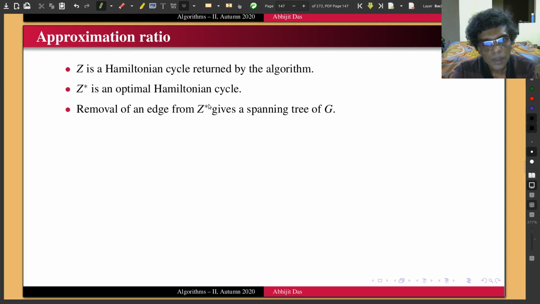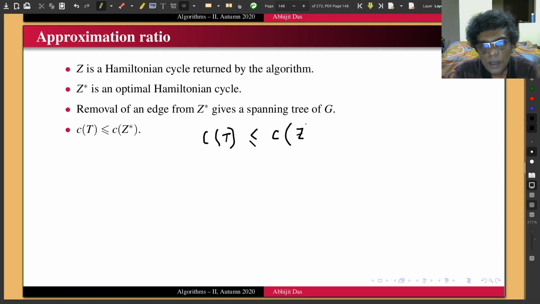So the cost of Z star minus an edge cannot be smaller than the cost of T. If I remove edge E, cost of T is less than or equal to cost of Z star minus E, and this is less than or equal to cost of Z star.